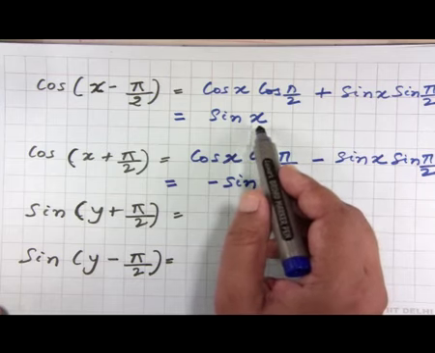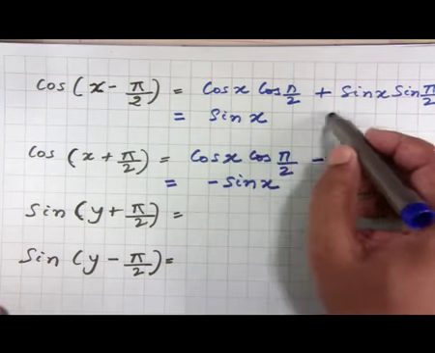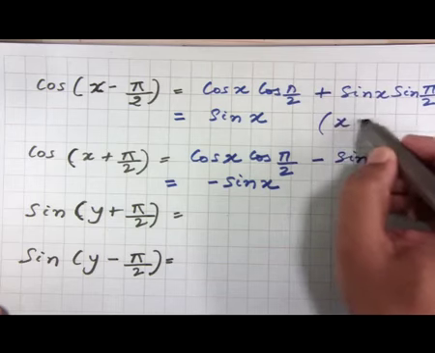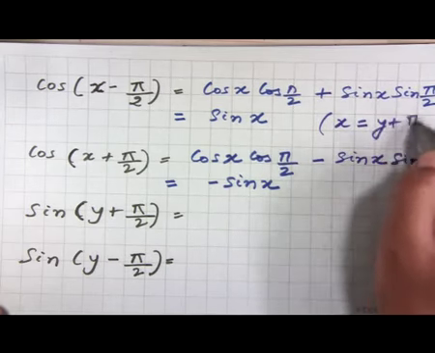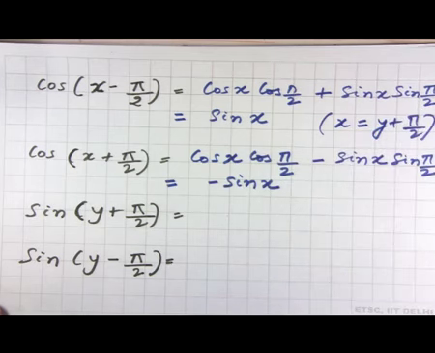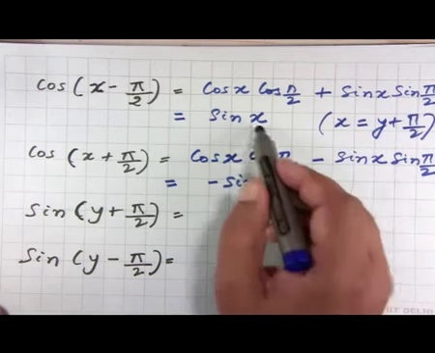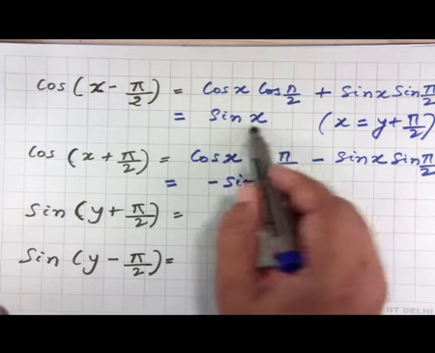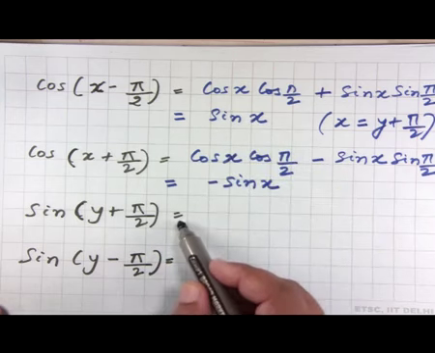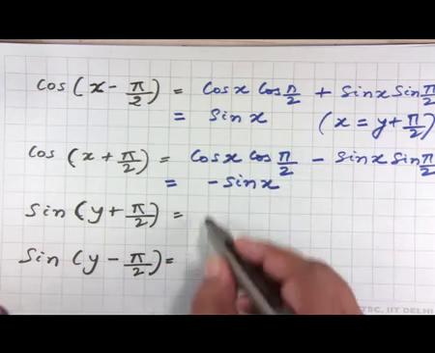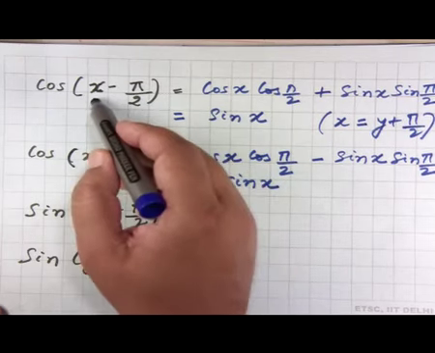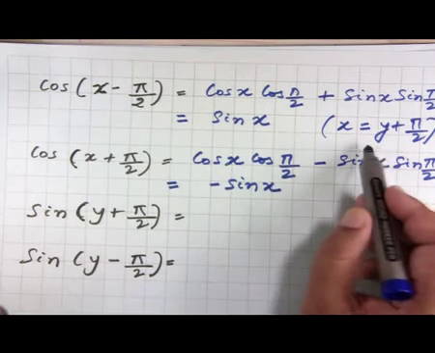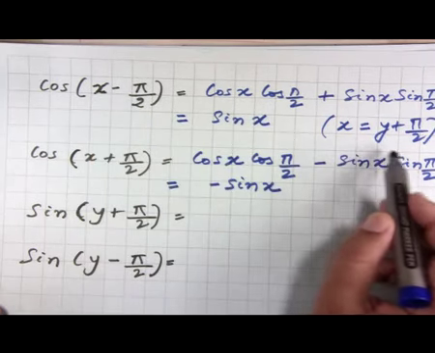Now, if we replace x by y plus pi by 2, then we get sine of y plus pi by 2 is equal to this expression, but with x equal to y plus pi by 2.